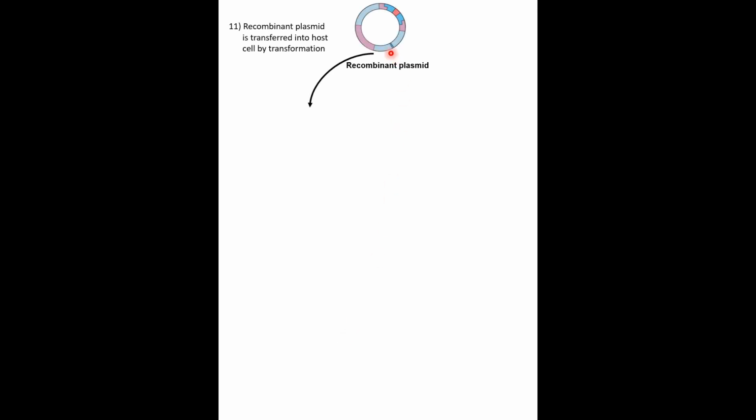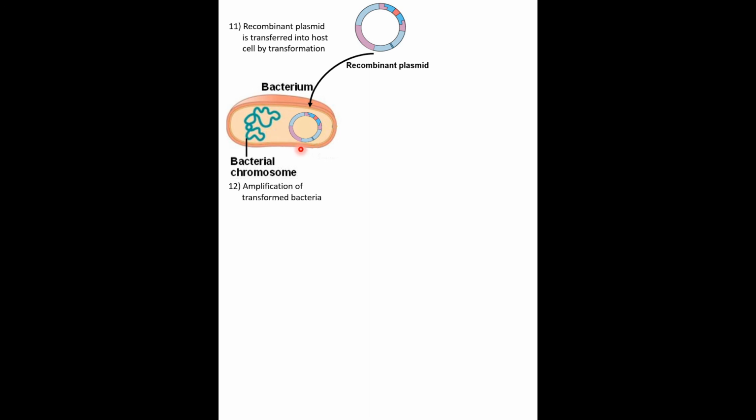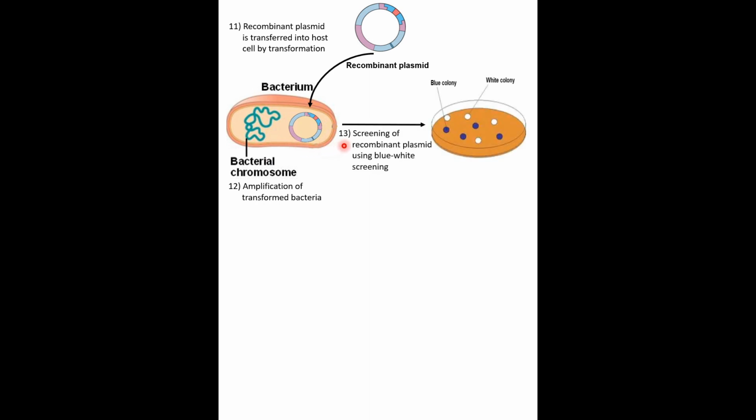Okay then, the recombinant plasmid is transferred into the host cell, which is E. coli, by transformation. These recombinant bacteria or transformed bacteria are amplified. Next, the recombinant bacteria undergo screening to identify the recombinant plasmid using blue-white screening.